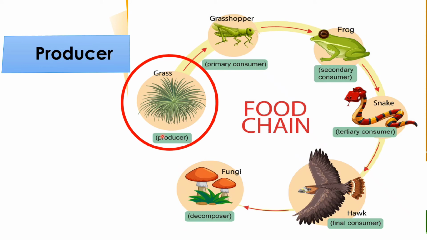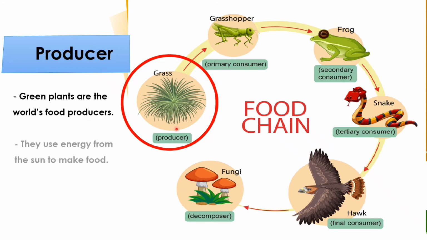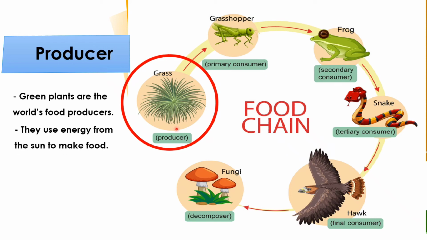So this one, producer, is somewhat a plant. When we say producer, they are green plants and they are the world's food producers. They use energy from the sun to make food. Sunlight produces glucose and other sugar in the process of photosynthesis.